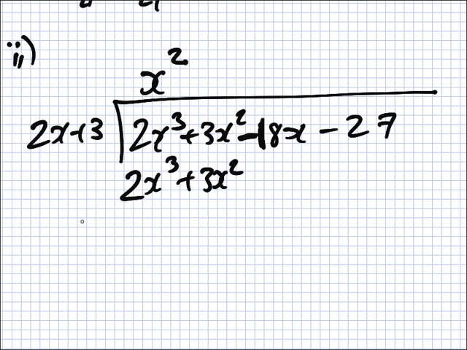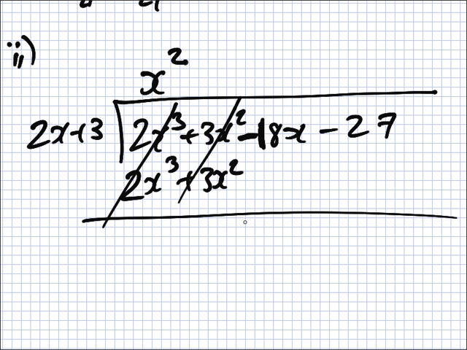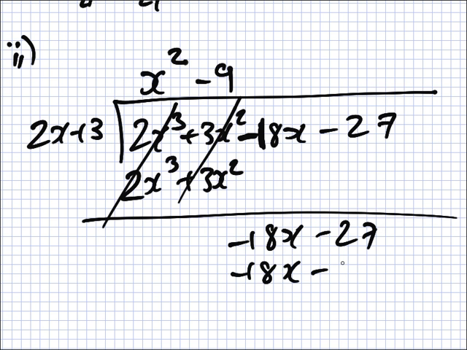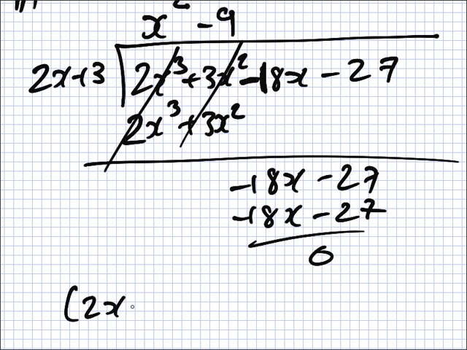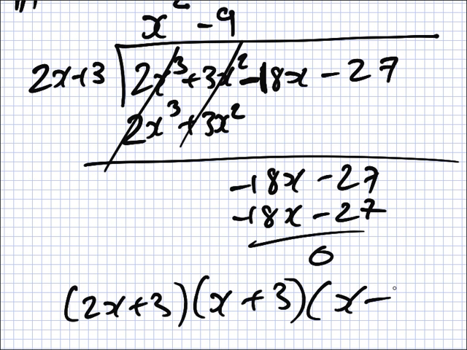Now that's nice because you get a double cancelling here, leaving me with minus 9. So the factors are 2x plus 3, x plus 3, x minus 3. Oh, I've accidentally done the next part, which is factorise, which is for 1 mark. So 2 and a 1.